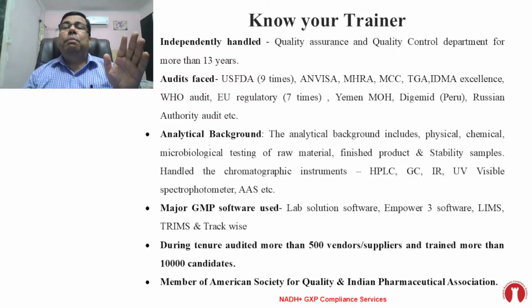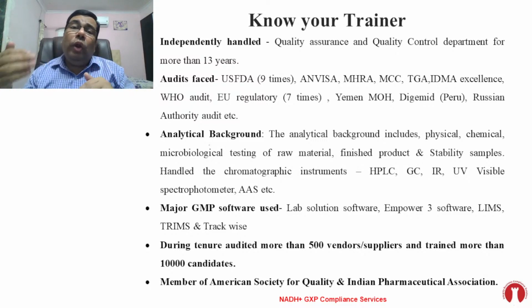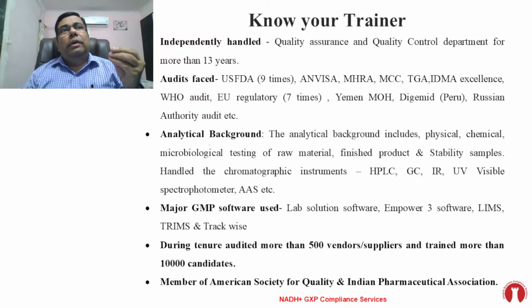So all the different types of audits, including the vendor audits, I am doing. For more than 13 years I am in an auditing role, and every month I am conducting 5 to 6 audits. So till date, maybe more than 500 vendors or suppliers have been audited by me. And about the training, more than 10,000 participants I might have trained till date, in my whole career.